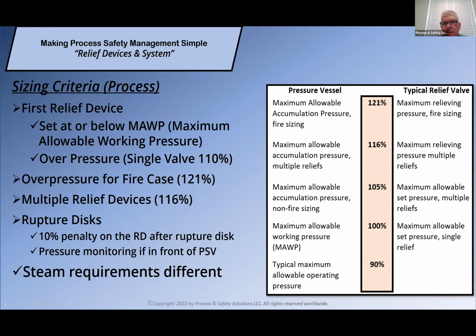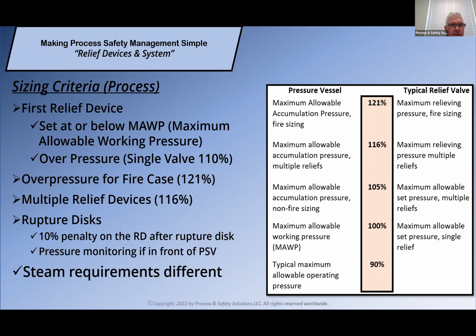So these are some of the ASME requirements for sizing. And this is process only. Your steam requirements and steam systems, et cetera, may require those be a little bit different, but not too much. For example, maximum allowable is 103 versus 105. So make sure when you're looking at this table that you understand it is for process only, not for steam.